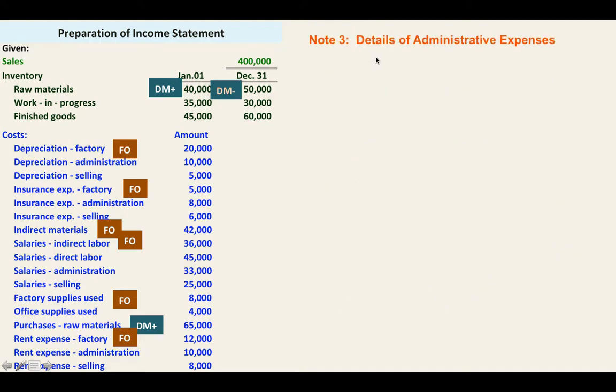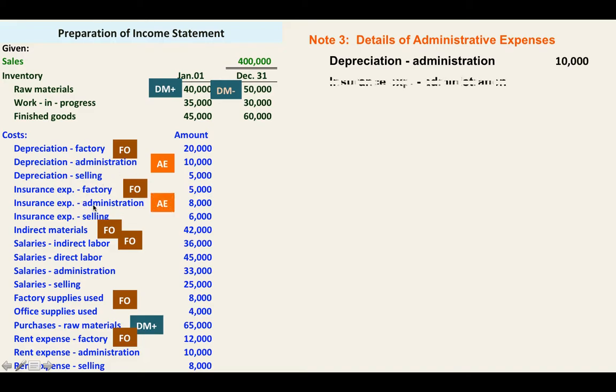Now we are going to get the details of our administrative expenses as our note 3. So now we have to go over the costs again and just identify those that are related to administration. We have depreciation administration at 10,000, insurance expense administration at 8,000, and salaries administration of 33,000.